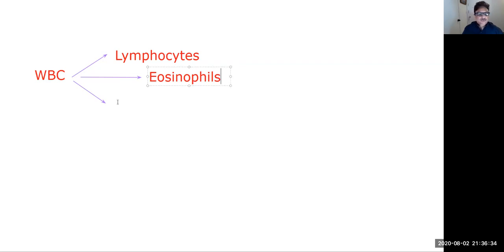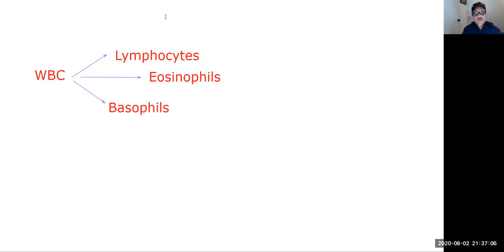Then basophils, that participate in, let's say, an infection from worms, right? In many tropical countries, we get infected with stomach worms that create a lot of digestive problems. And there are more cells like neutrophils that also help in attacking bacteria.